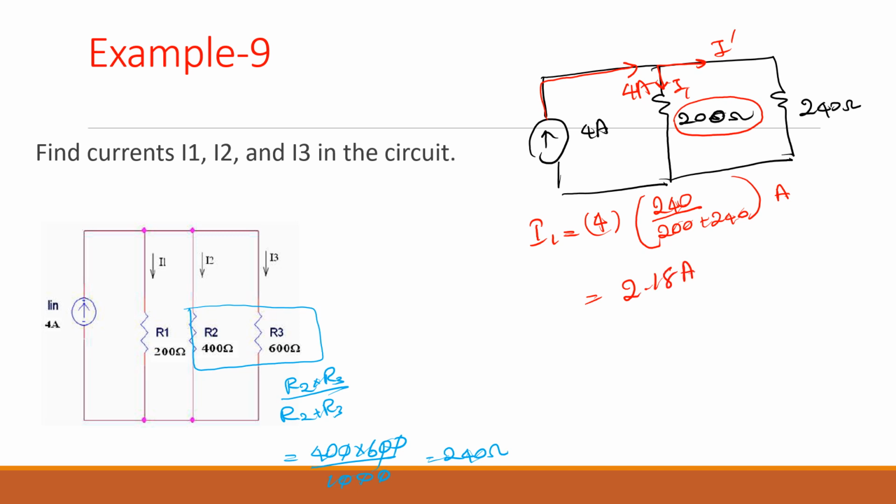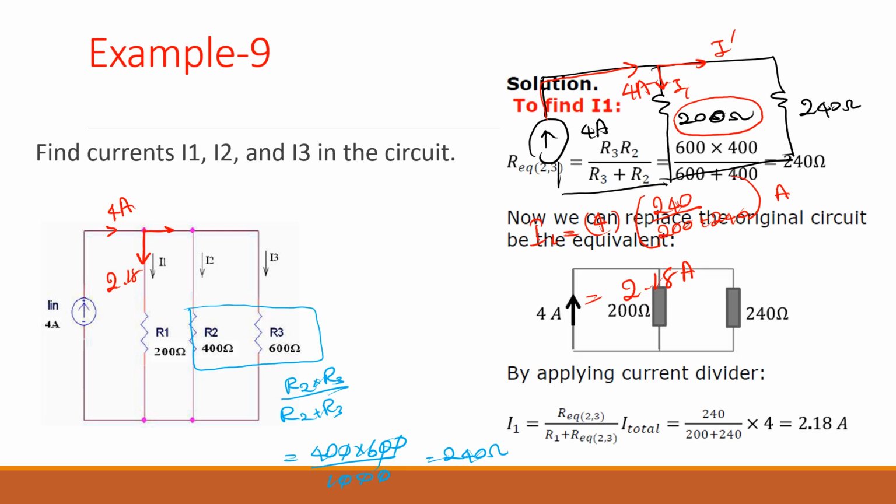Let me check whether we have done it right. 240 divided by 440. Yes, that is right. So 4 amps is coming into this node, and 2.18 is going this way, and for the remaining current you can apply KCL, or else you can find it using the same current division rule, but I'm going to apply KCL.